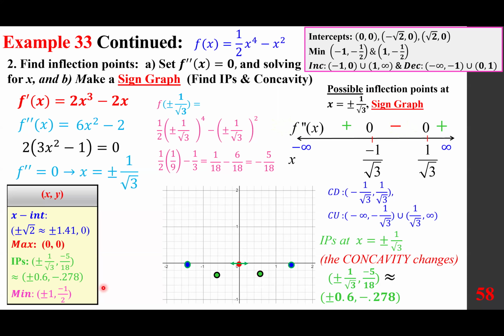Minimum and maximum. Here's negative 1. Here's negative 1/2. Okay. And we put the arrow, right? Because it's a minimum. Now, positive 1 is here. And negative 1/2. Again, we put an arrow.